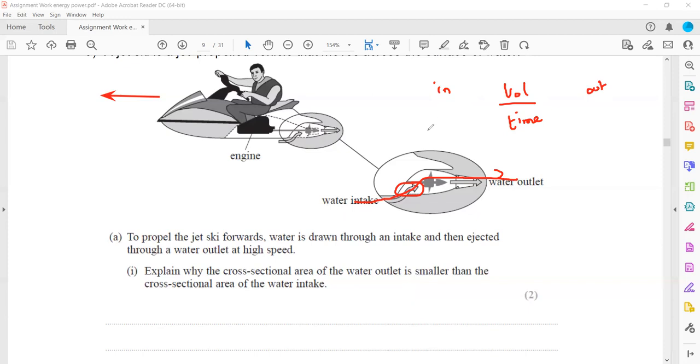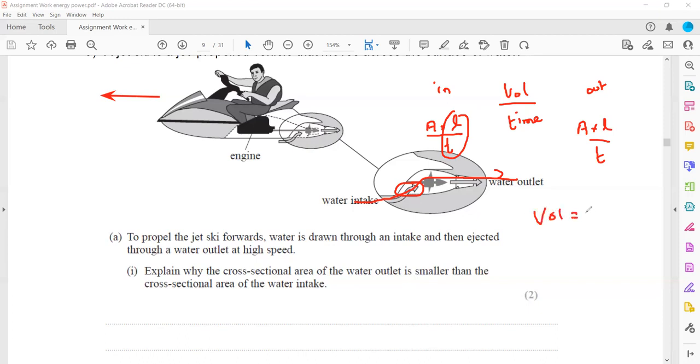So for the one which has a large area, the flow of the water will be slower, this is the velocity, because volume is area multiplied by length, so volume per time is area multiplied by length divided by time. Length divided by time is velocity, so this product, area times velocity, will be constant.